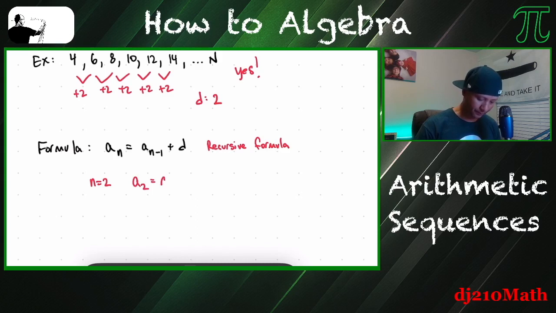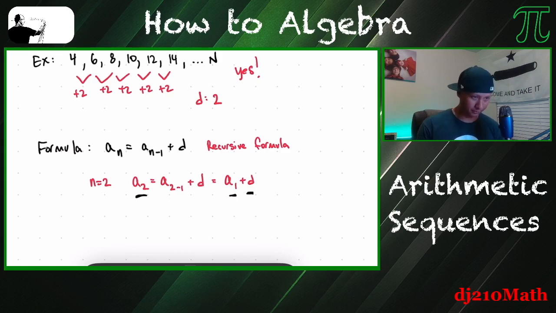This would be a sub 2 minus 1 plus whatever the common difference is. So 2 minus 1 is 1, plus the common difference. This should make sense, right? The second term in a sequence is going to be the first term plus whatever the common difference is.